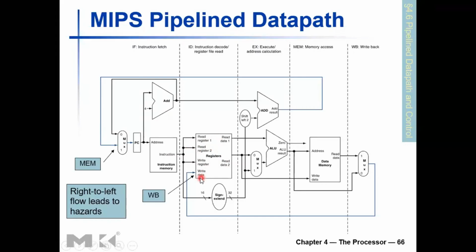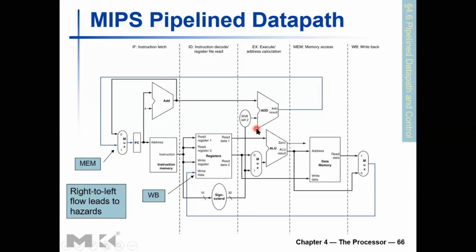The decoding also happens to decide the control signals for this entire data path. Mind you, the control signals are not shown here for the sake of simplicity, but they are generated in this stage as well. Then if there's an immediate value which needs to be sign extended, that piece of hardware also operates inside the same stage, instruction decode and register read.